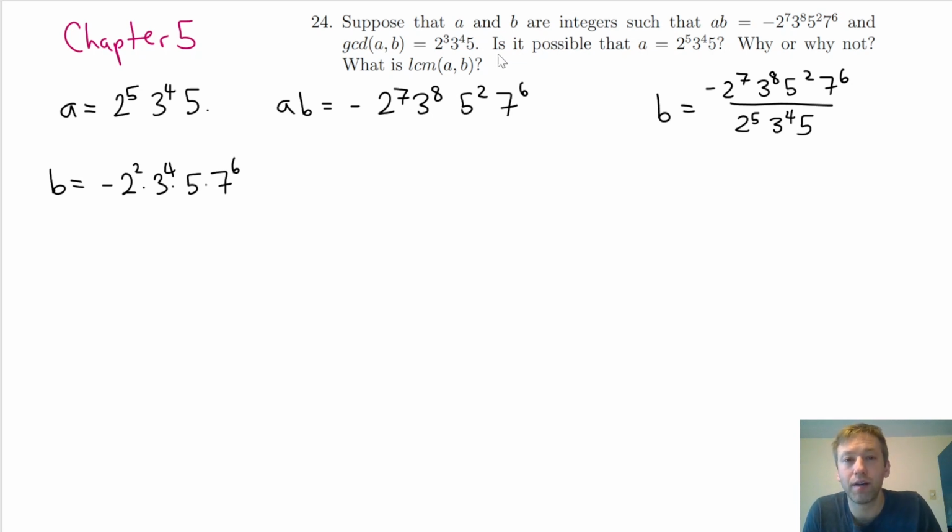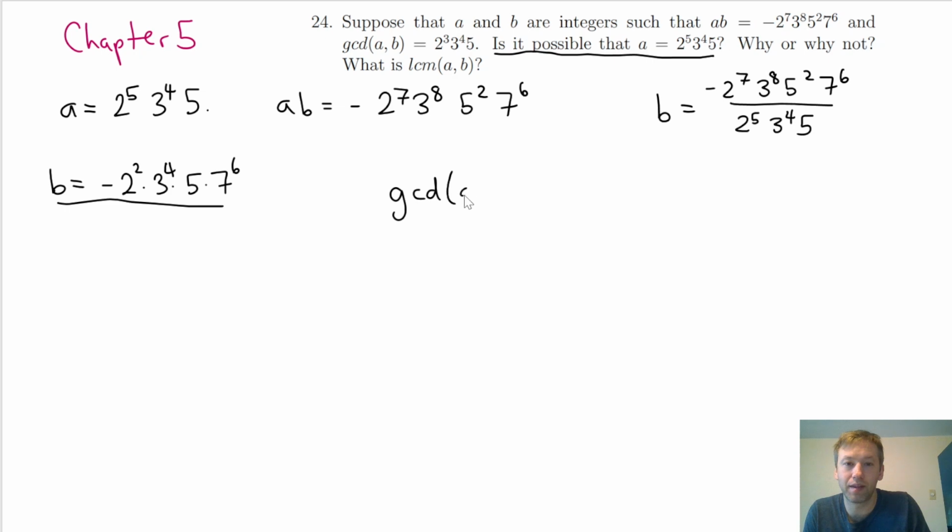To the first part, because if a is equal to 2 to the 5, 3 to the 4 times 5, then b would be equal to this. And what's the GCD of a and b? Well, you take the number 2 and take the smallest exponent, which is 2. You take the number 3, take the smallest exponent, which is 4.